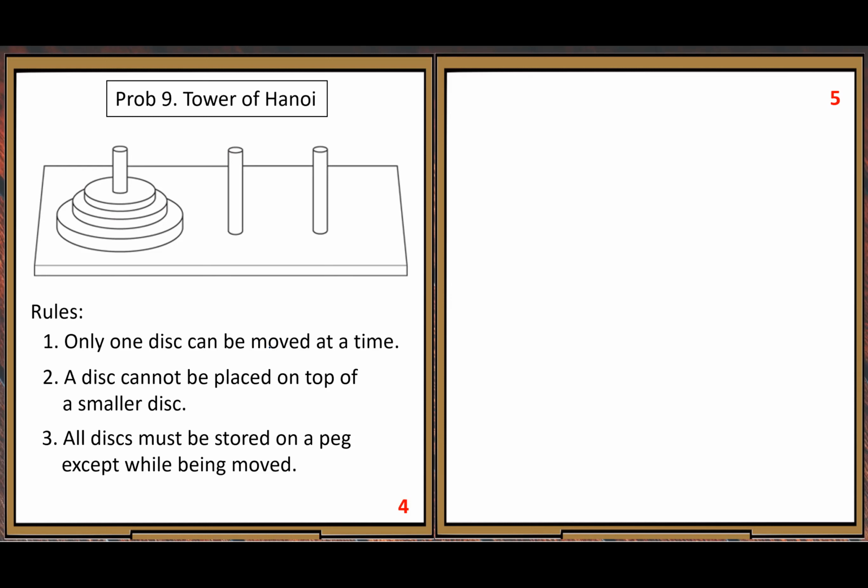Following all these rules, now let's solve this simple 3-disk case: move the 3 disks from the first peg to either of the 2 empty pegs. How many moves do you need following these 3 rules?